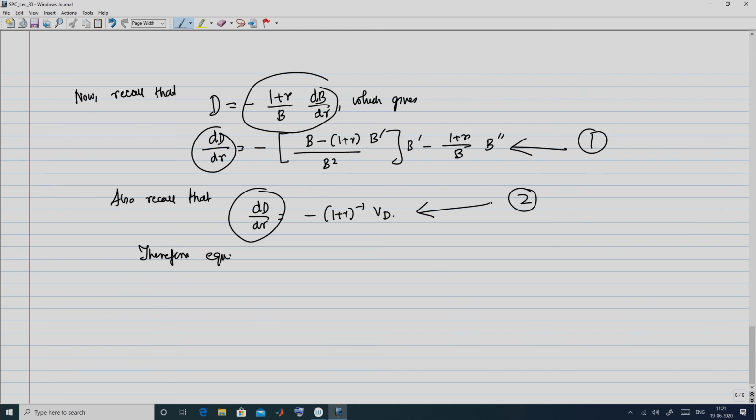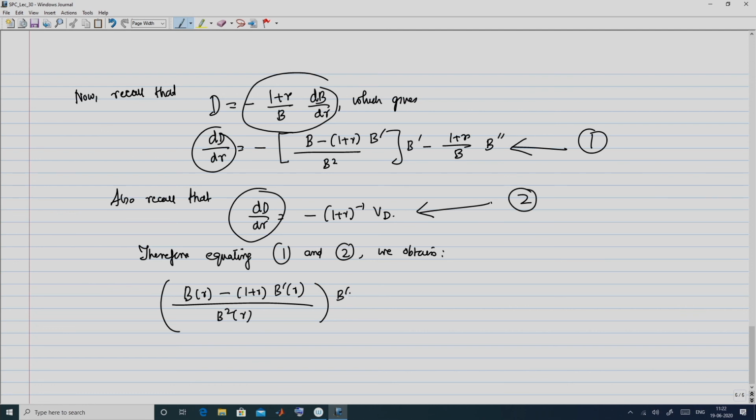So, equating 1 and 2, we obtain the following. We get B of r minus (1 plus r) B prime of r over B square of r into B prime of r, plus.